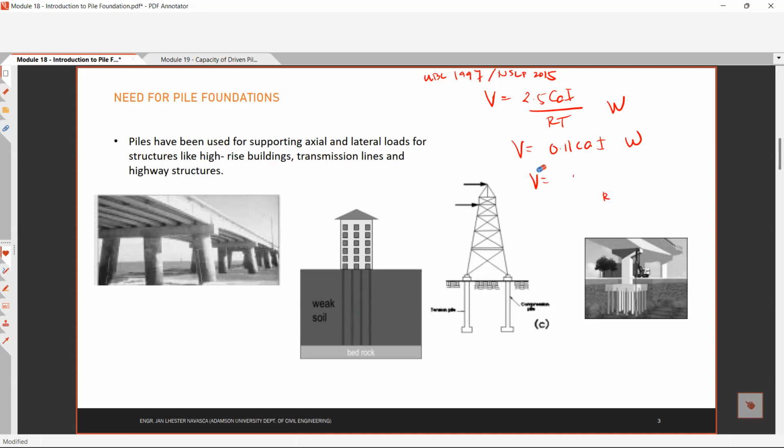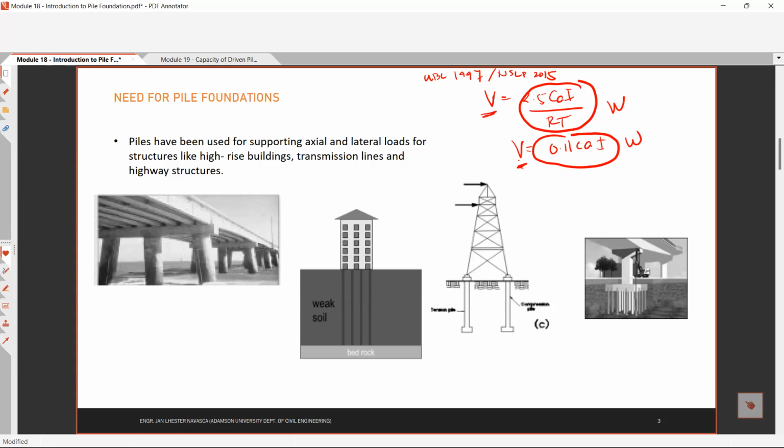Anyway, ibig sabihin lang nito is directly proportional yung lateral loads and yung total weight, yung total axial loads, because if you can see, this is a constant value or coefficient. This one is also a coefficient. So basically, ilang percent ng total weight yung base shear, yung lateral loads.